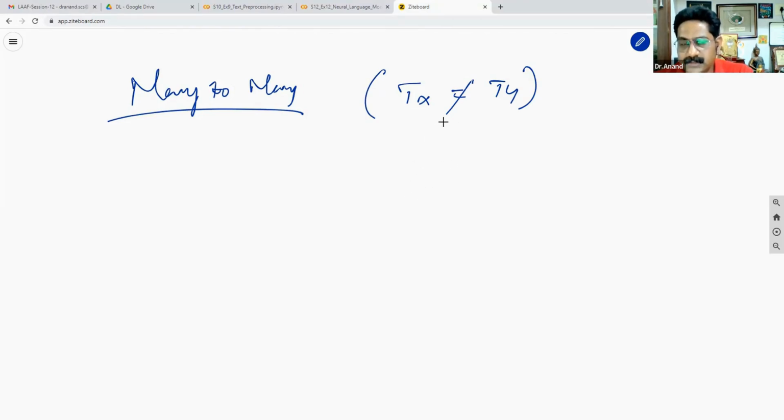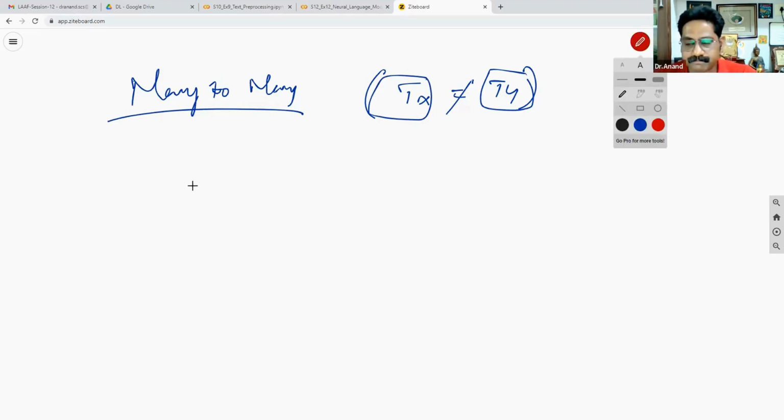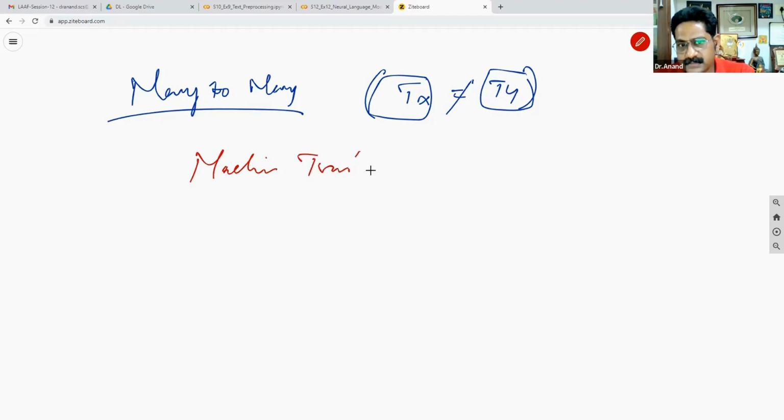What I mean to say here is, in your earlier many to many, with English sentences, you are making your model understand the flow of the English sentence. But in this many to many, your tx representation is different and your ty representation is different. That is the fourth case. The best example for this is language translation, what we call machine translation.